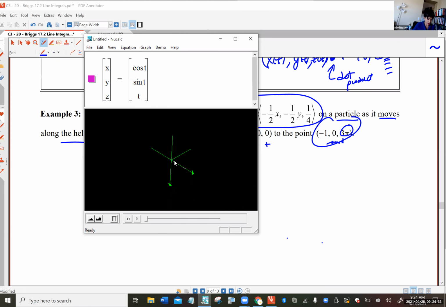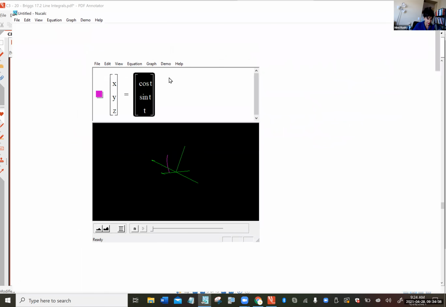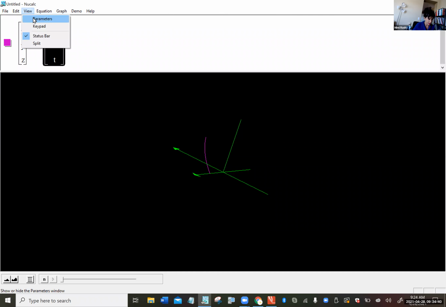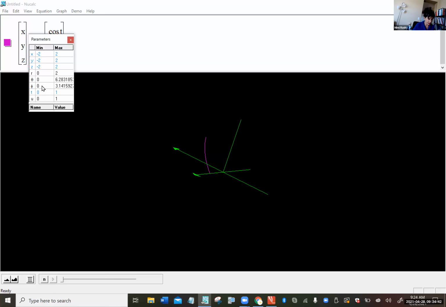And then when I graph it, it's the 3D curve. Whoa. It's only showing me a small piece, which is not very fun. So let's change our parameters. Let's change time to -10 to +10. And then let's have X, Y, and Z be something other than -2 to +2. That's no fun. It's only going to show us a small portion.